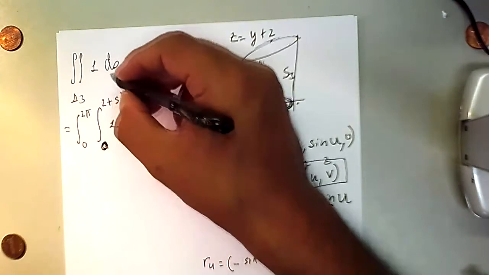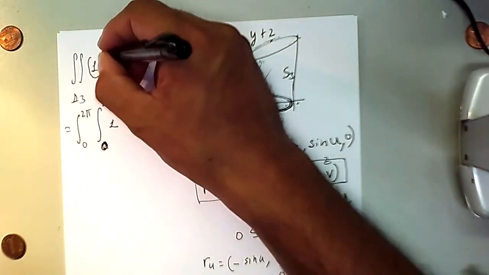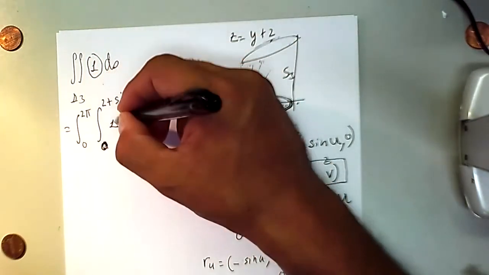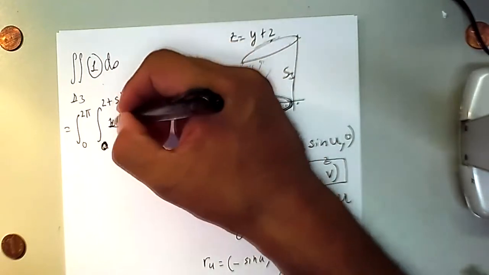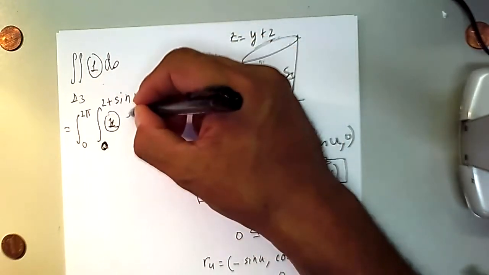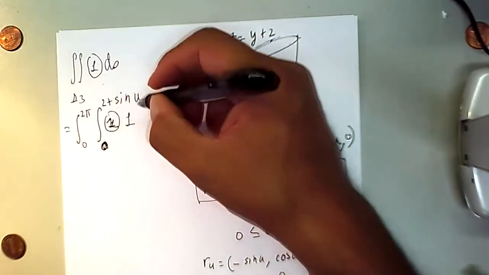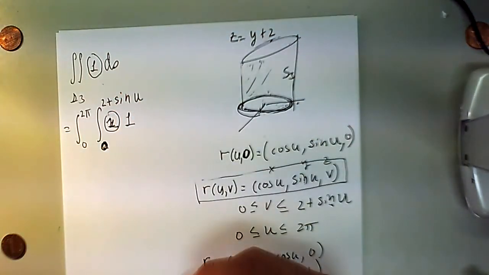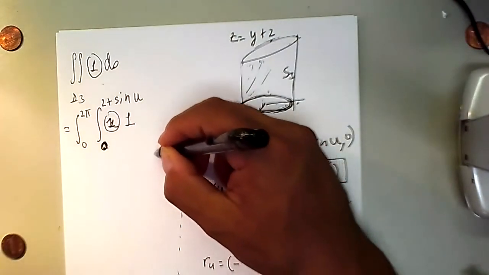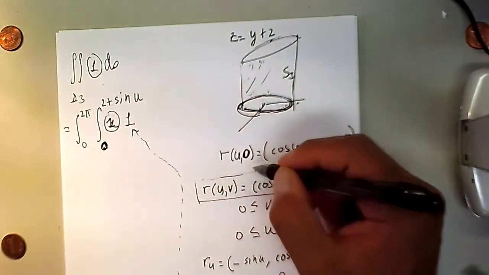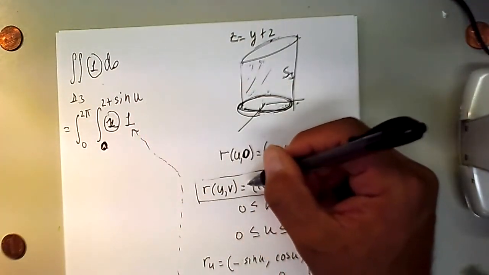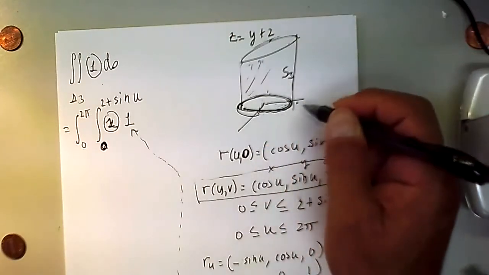The first 1 is the output of the function. The second 1, which is still equal to 1, comes from the magnitude of the cross product.